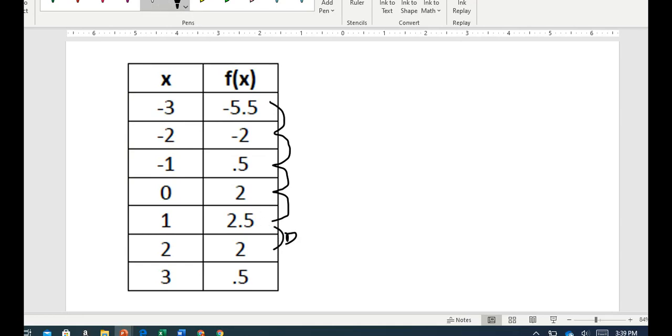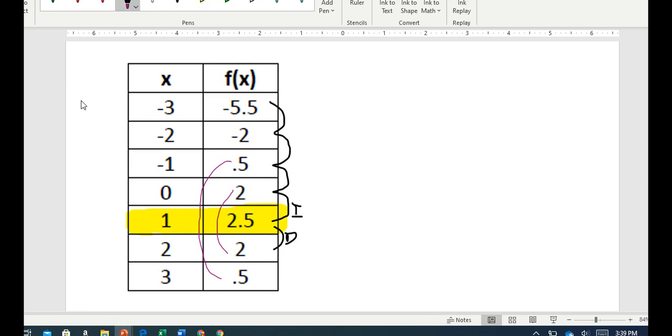What you should also notice right here is the mirroring that's going on within the table. So if you have a change from increase to decrease or decrease to increase, you've got a relative max or min, and the mirroring tells you that that's that relative max or min point. So we're going from increasing to decreasing.